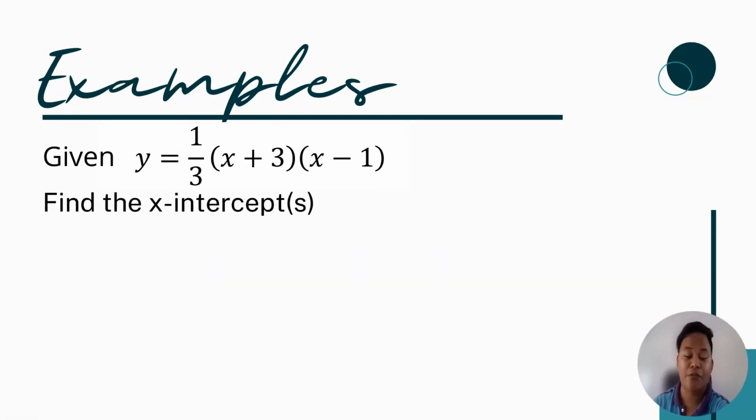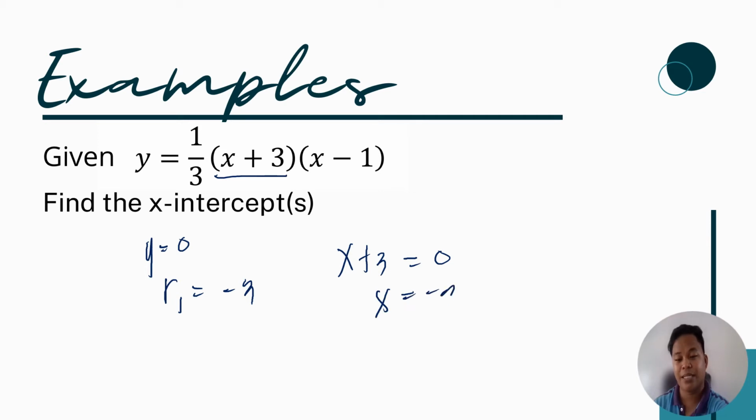For this slide, we're going to find the value of the x-intercepts of the given quadratic function. y is equal to 1/3 times the quantity x plus 3 times the quantity x minus 1. We can easily determine the x-intercepts since the x-intercepts are represented by the values of r sub 1 and r sub 2, if y is equal to 0. r sub 1 is equal to negative 3; from x plus 3 we're going to equate this factor to 0. x is equal to negative 3.